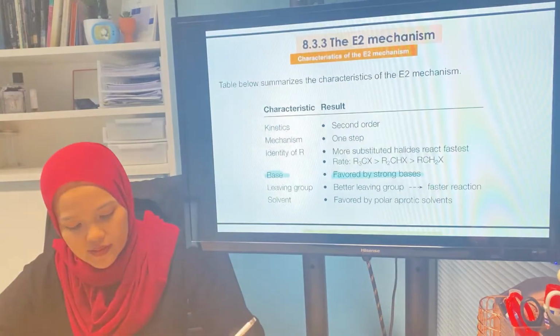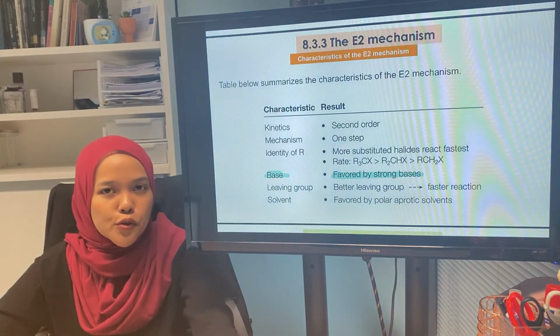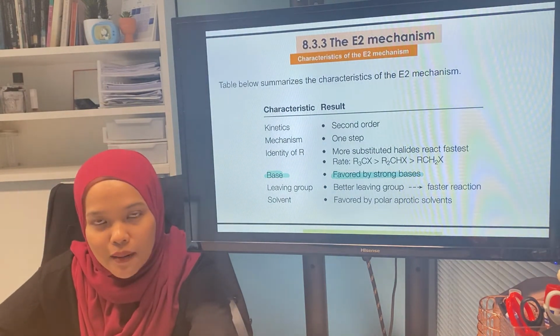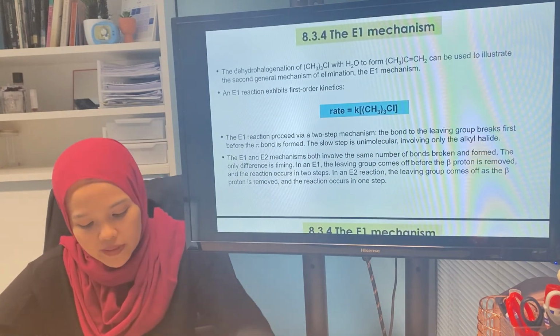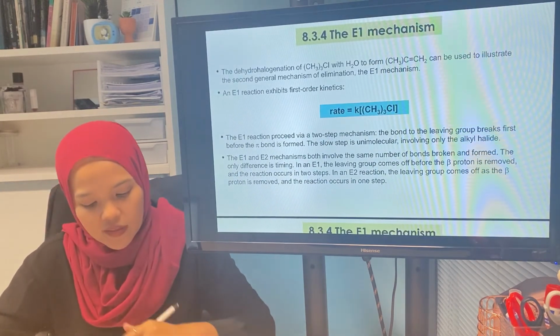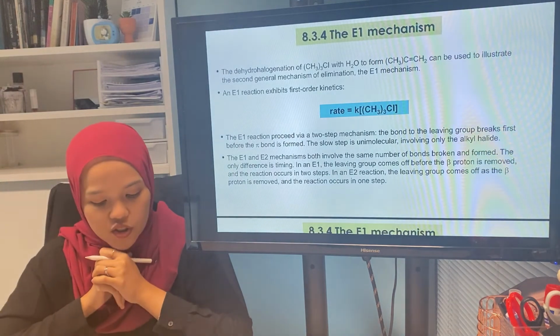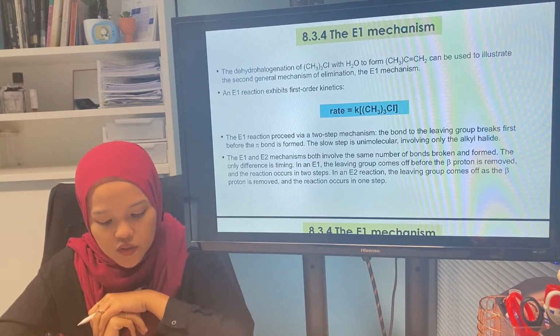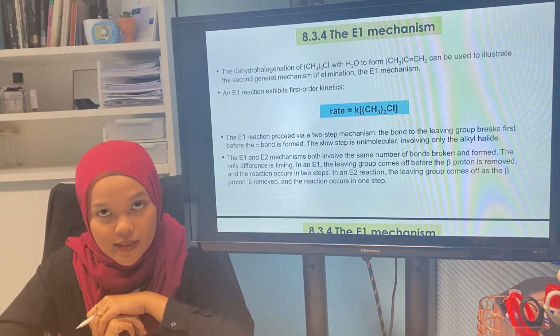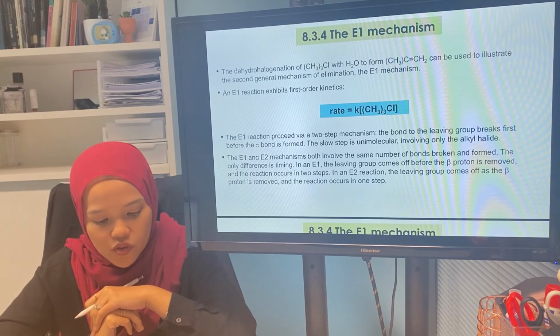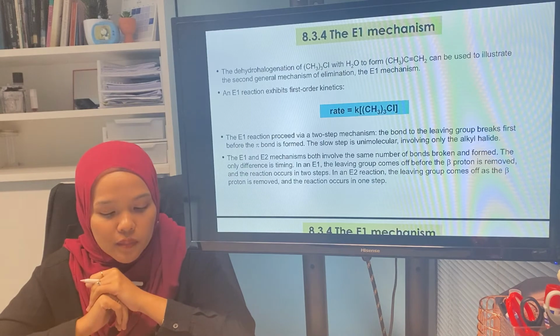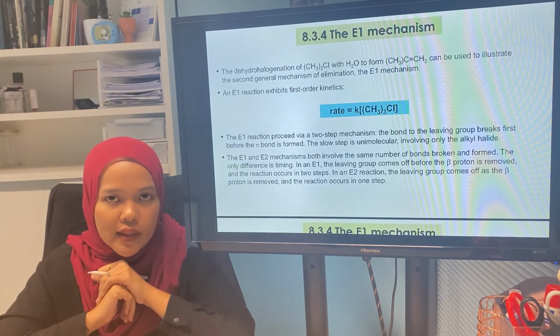So next, we are going to proceed with the E1 mechanism. The E1 mechanism, the dehydrohalogenation of the CH3Cl with water, can form the alkene, and it can be used to illustrate the second general mechanism, which is the E1 mechanism.